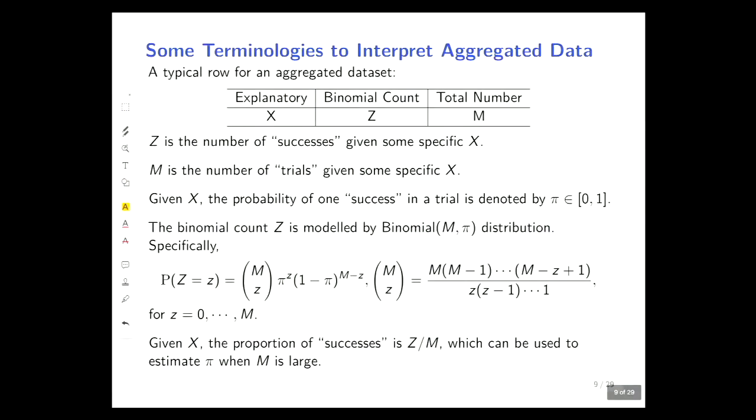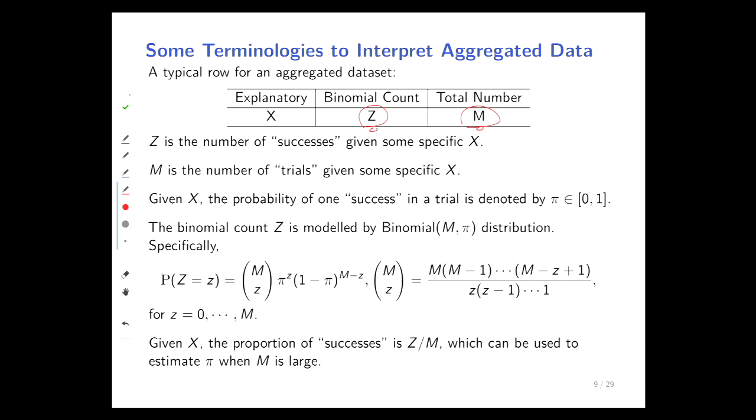So let's look at the standard form for the aggregated data, which I think I have explained in the real data example. We have the explanatory variable, we have the number of success, which is Z, and also the number of the trials, which is M. That's the typical data set, and our purpose is to predict Z, but we need to consider that this M is actually known. The total number of trials is known.